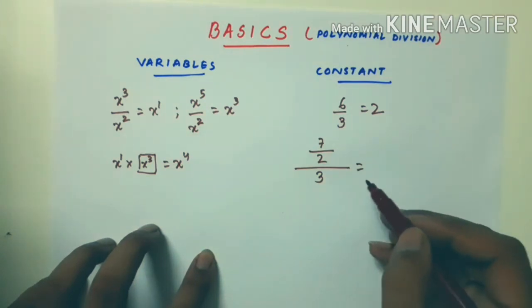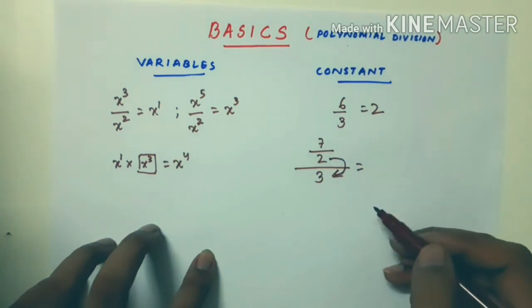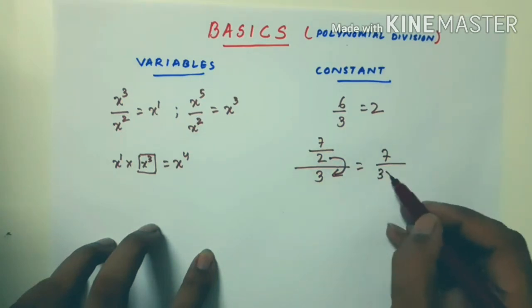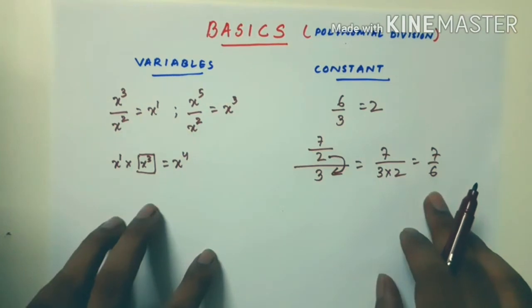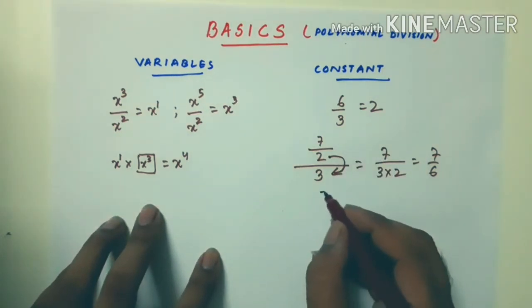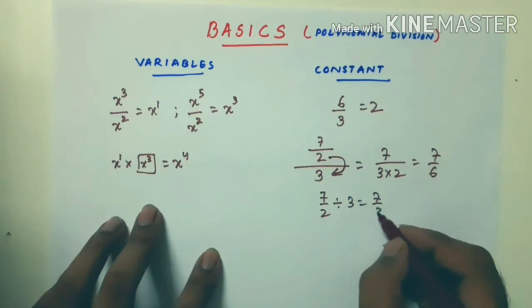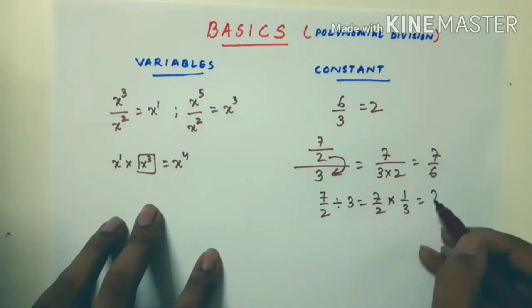There is a shortcut: the denominator 2 will be multiplied down, so 2 multiplied with 3 gives 7 by 6. This is the rule you have to follow. It is 7 by 2 multiplied by the reciprocal of 3, which is 1 by 3, so we get 7 by 6.